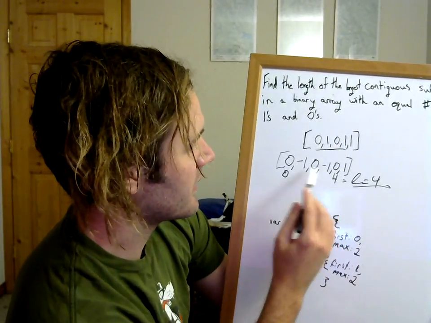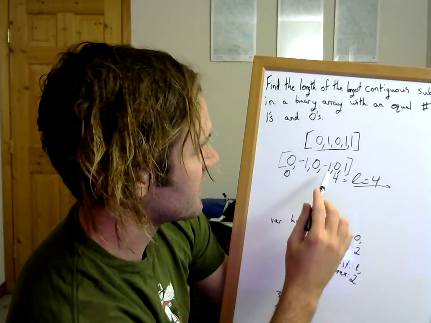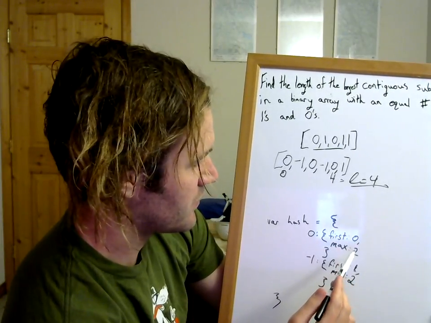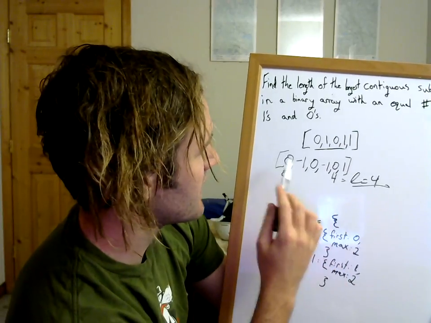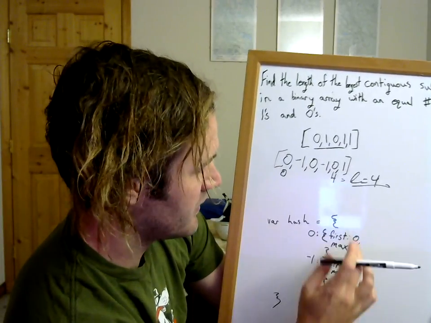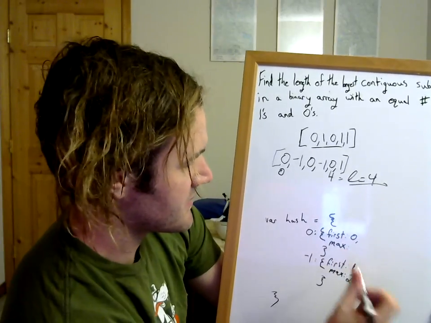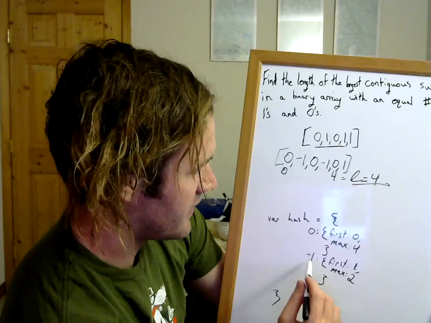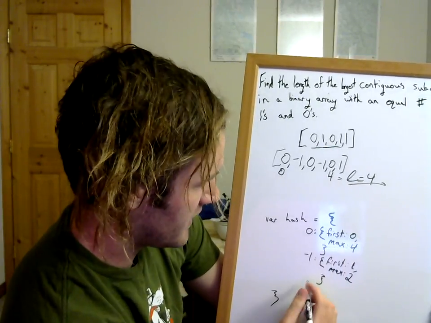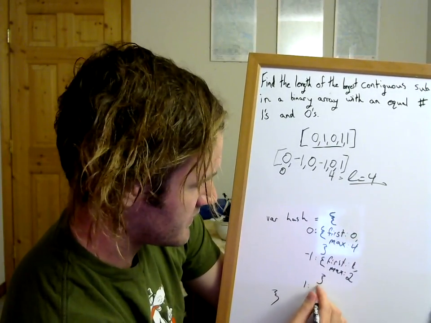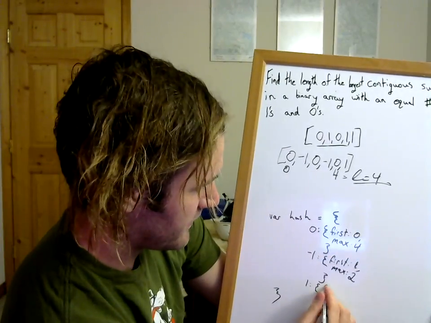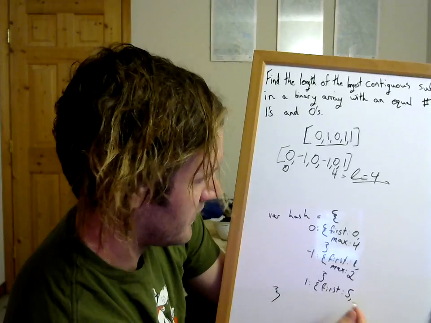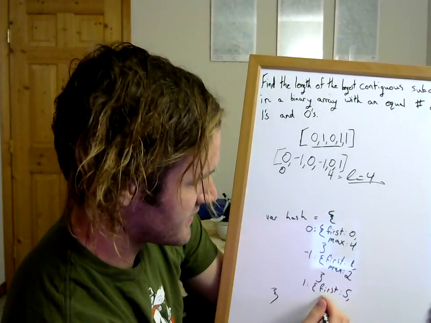Okay, that was our second -1. We're going to hit a 0 now. So our first was at 0. Our current is at 0, 1, 2, 3, 4. So our max is going to be 4. Alright, and then we hit a 1. So our first is at 5. And our max is 0.